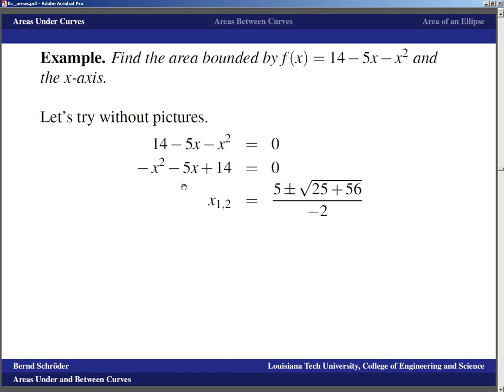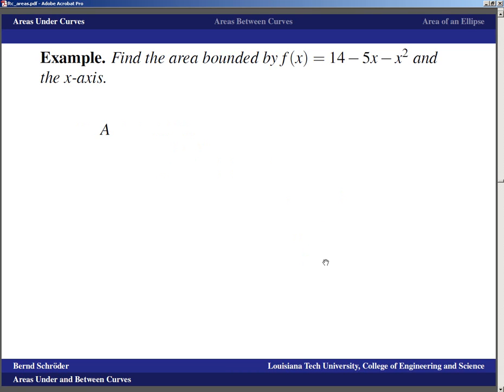Find the zeros, quadratic formula: negative negative 5 plus or minus the square root of 5 squared, 25, minus 4ac, so minus minus is plus, and 4 times 14 is 56, divided by 2a, which is negative 2. 25 plus 56 is 81, and the square root of that is 9, so this is 5 plus or minus 9 divided by minus 2. And let's see, that is 14 divided by minus 2, so negative 7, and negative 4 divided by minus 2, which is 2. So the zeros are negative 7 and 2.